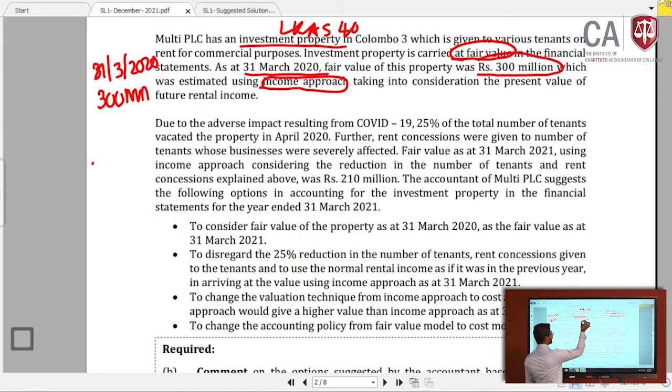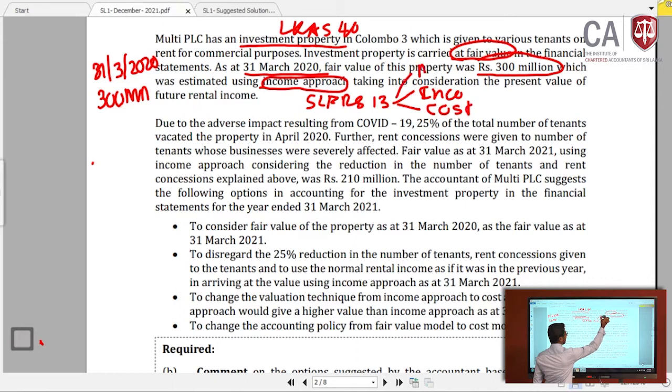When it comes to SLFRS 13, if you are using a valuation technique, basically we have three types of valuation approaches: income approach, cost approach and the market approach. So this 300 million was basically derived using the income approach.